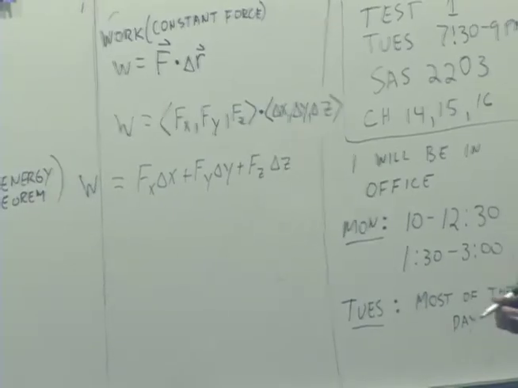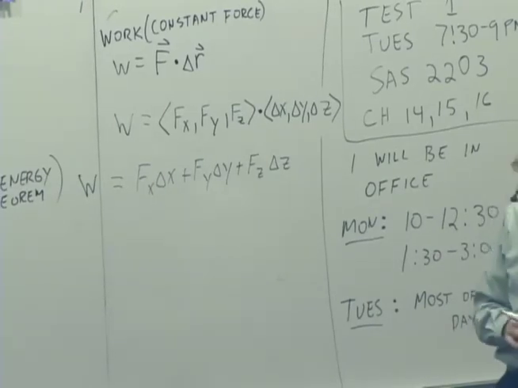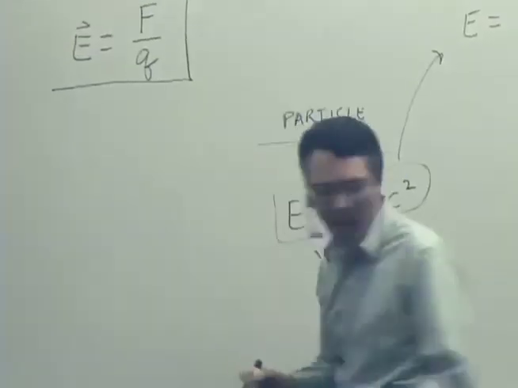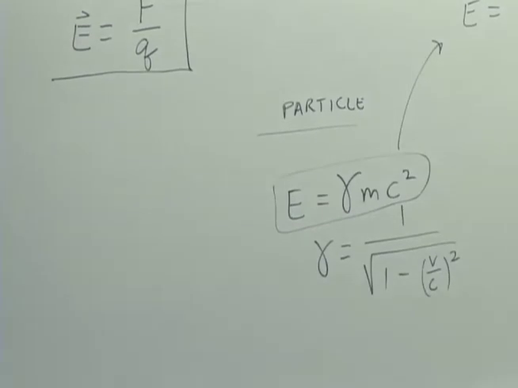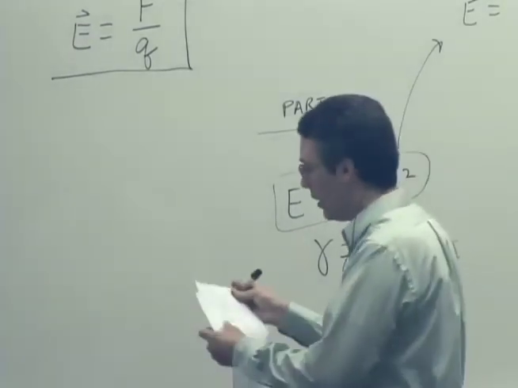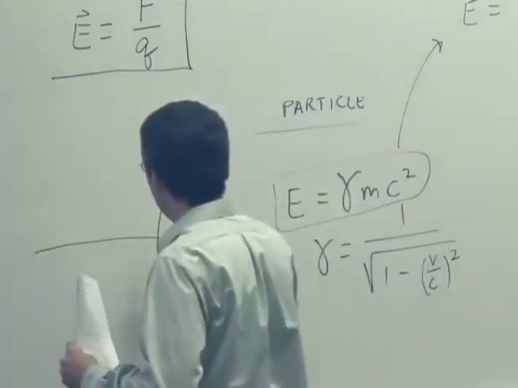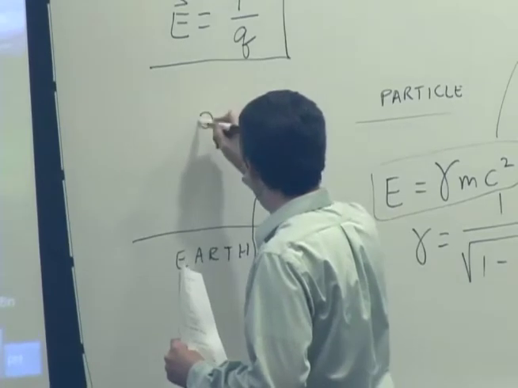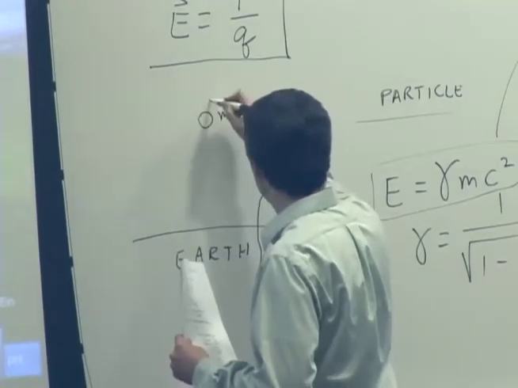So let's actually apply it to a very simple situation. You have a ball or something, mass of some sort, and you drop it near the ground. Okay, so here's the Earth, and here's a ball, and it has some mass.